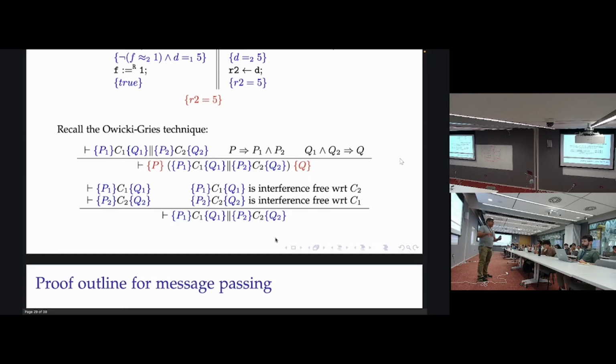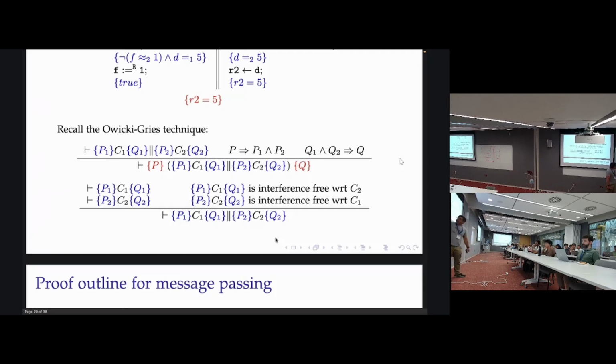If I wanted to write a very precise rule, it would take a bit more space. But the interference we need to check isn't just the pre and post condition, we need to check all of the local assertions are interference free with respect to the other thread. Interference freedom allows you to use the preconditions that you have on the other side, but it happens to be the case that these can be interference-free without using those preconditions.